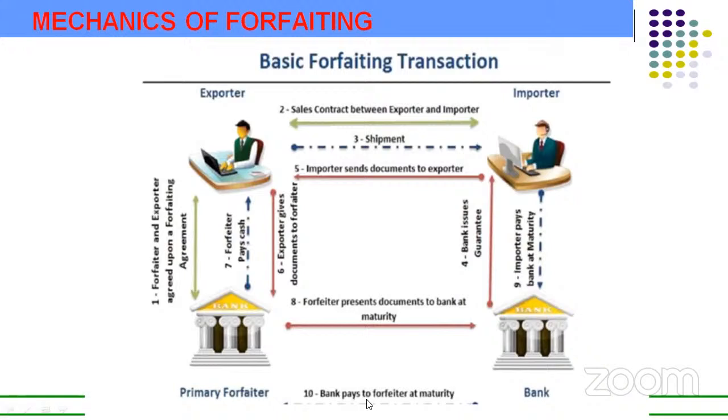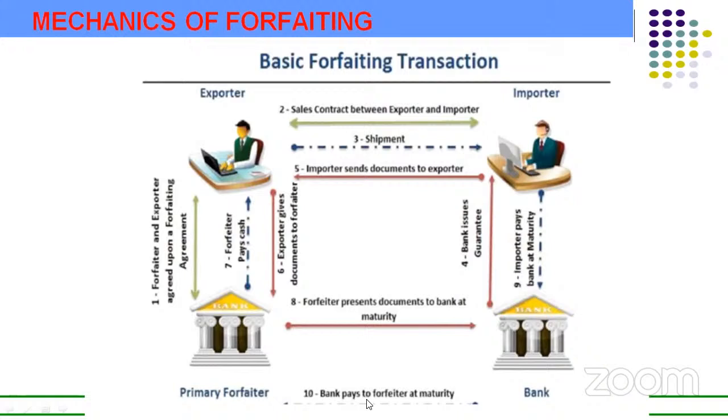For example, in the case of factoring, on a recourse basis, whatever amount was received by the seller, that means the exporter, he has to repay when the buyer becomes a defaulter. But in the case of forfeiting, there is no such headache. If he is a defaulter, that loss is borne by the forfeiting company.